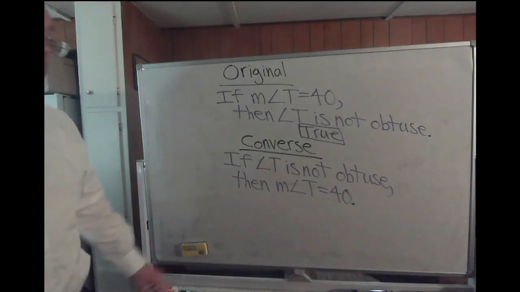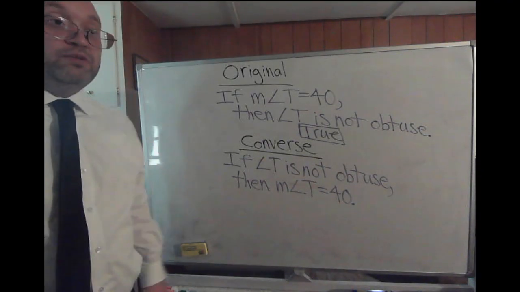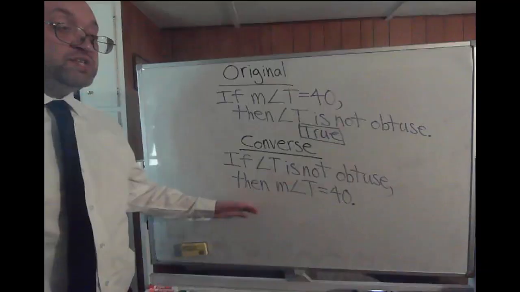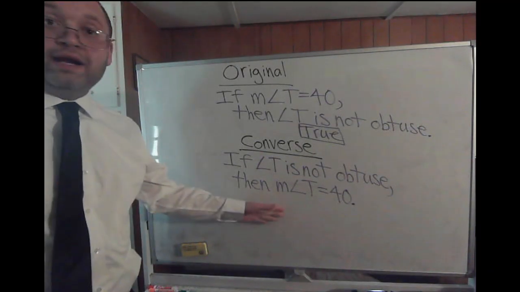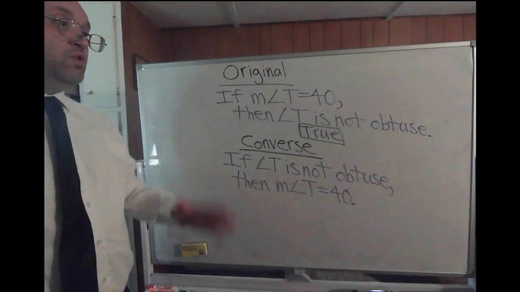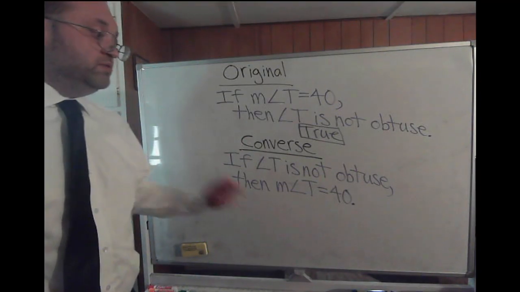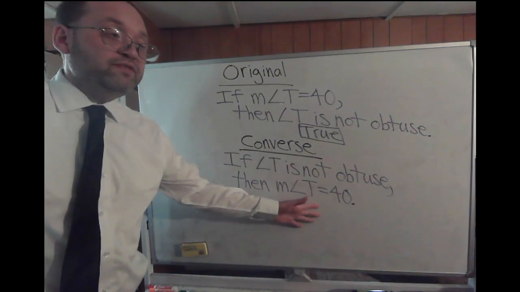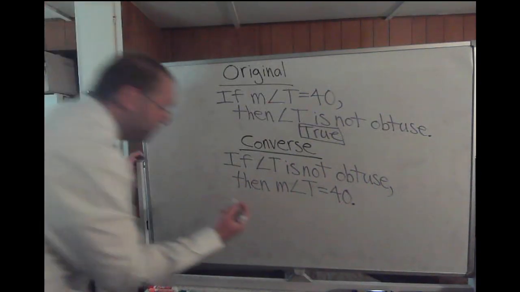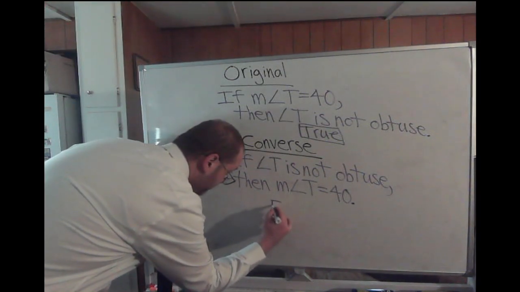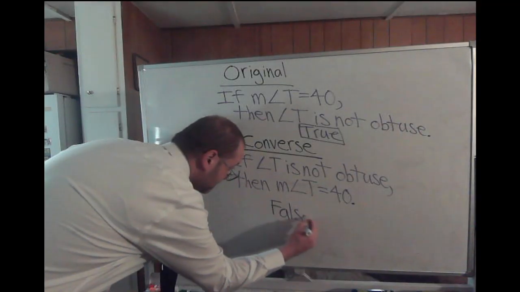We can't guarantee it's 40 degrees. I mean, it very well could be. But if it's not an obtuse angle, it could be a straight angle, having 180 degrees. It could be a right angle, being 90 degrees. Or heck, let's just look at all the acute angles. It could equal 30, it could equal 50, could equal 89, could equal 1 degree. So this is a false statement.